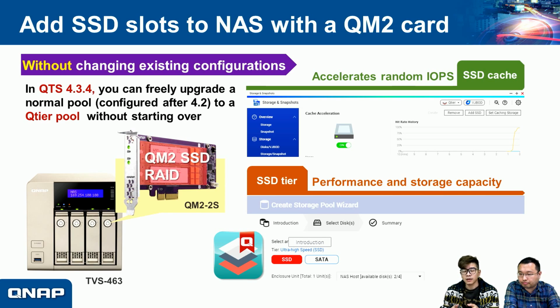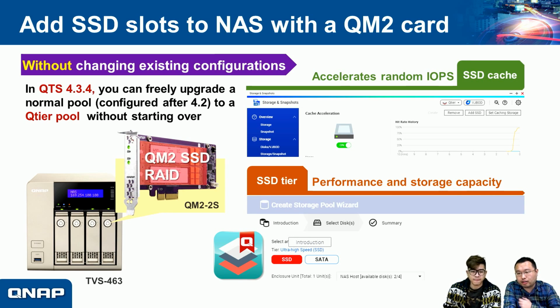And for the data we don't change or access much, it's called cold data, so we move it into the hard disk. So that is the difference in how we define hot data and cold data in Qtier.